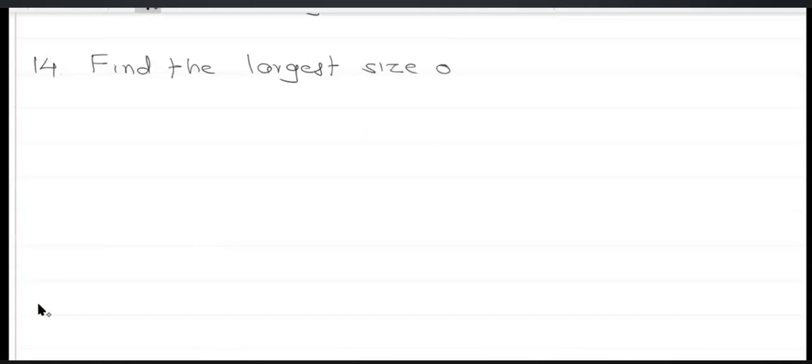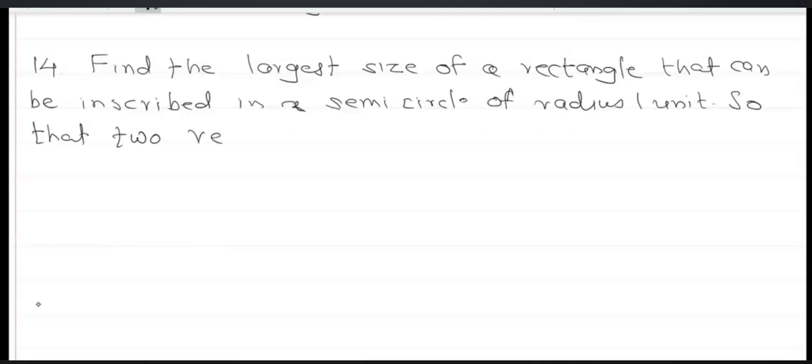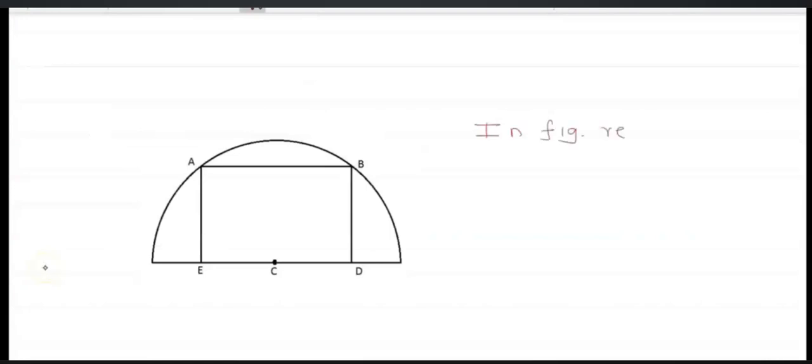Now see this again. Find the largest size of a rectangle that can be inscribed in a semicircle of radius 1 unit, so that two vertices lie on its diameter.